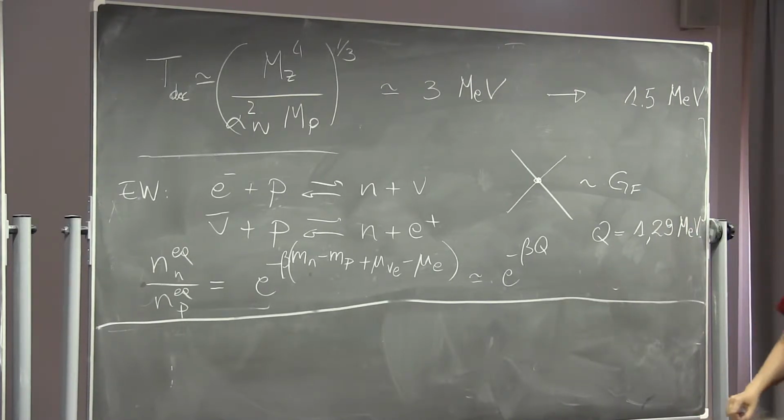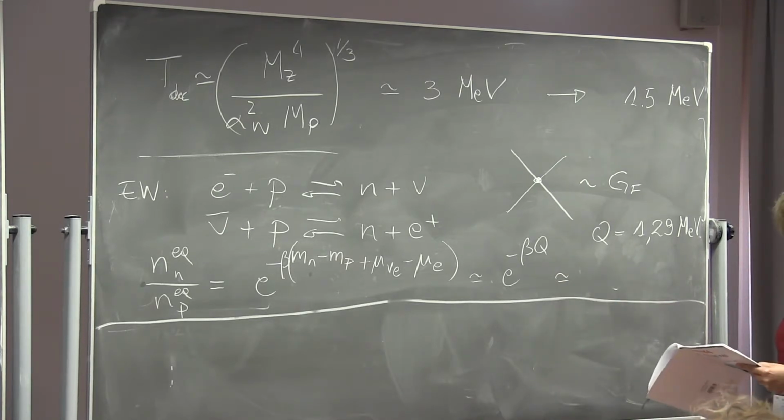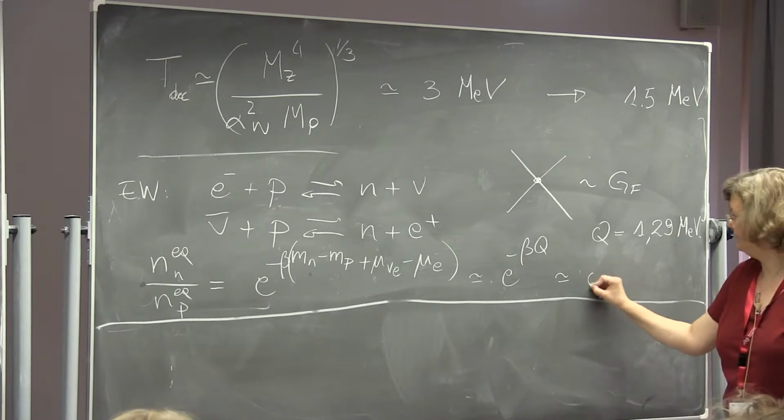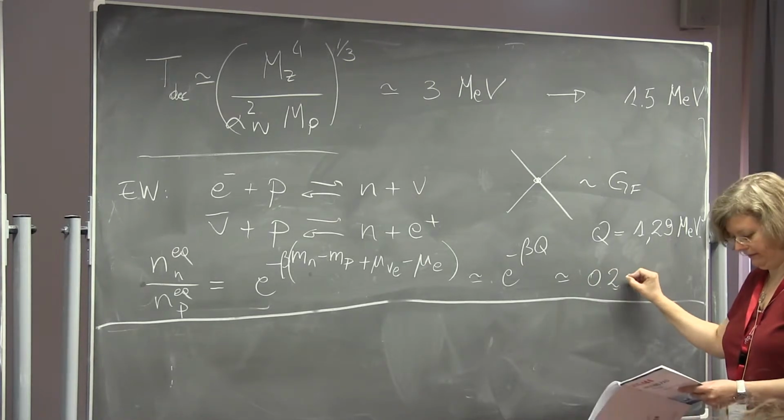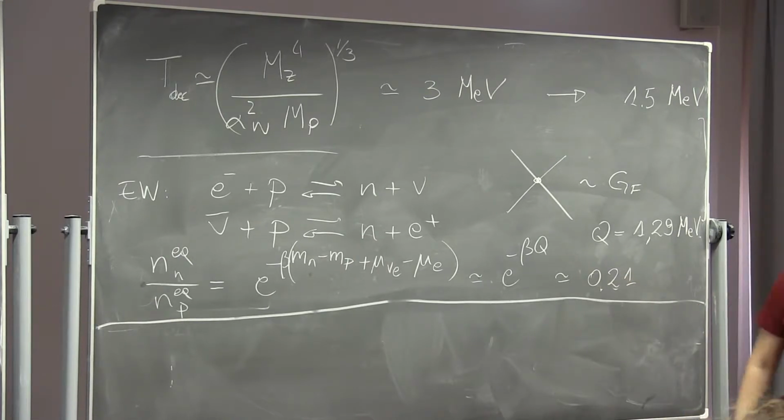So you see again that if you decouple at around the MeV scale, you will decouple with a not negligible number of neutrons. Actually, this is of the order 0.2 if you plug in the equilibrium number with the neutrino decoupling temperature. Okay?